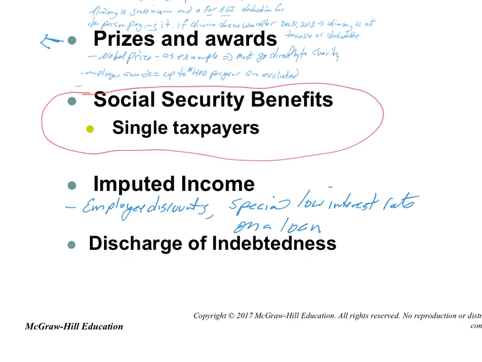All right. The other thing that can cause a taxable income situation is discharge of indebtedness. All right, so what is discharge of indebtedness? If a lender forgives your debt. Okay, so if your lender forgives your debt, then that amount of debt that you were forgiven is income to you.